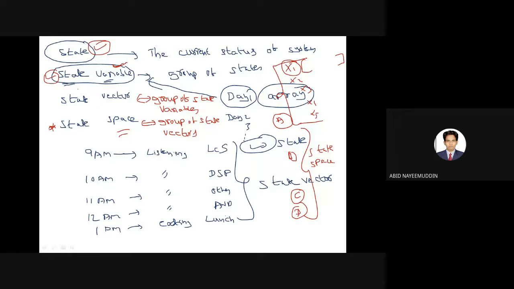And taking the information of a group of variables is known as state vector. Different groups of variables under different groups, suppose a state vector represents ECE. In state space there is ECE, EEE, mechanical, civil, then CSE, and more new branches.